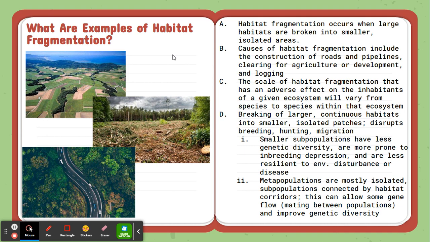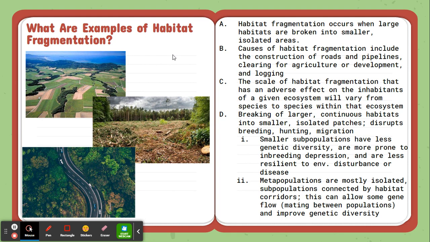Now, not all species are going to be impacted in the same way when we do this, right? Breaking that much larger habitat into much smaller ones is going to create very small subpopulations, and when we do that, we reproductively isolate those populations. So what we could start to see is a decline in genetic diversity, which makes that population more prone to extinction and less resilient to any type of disturbance.